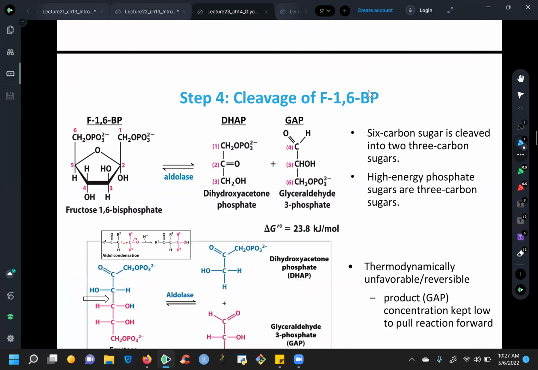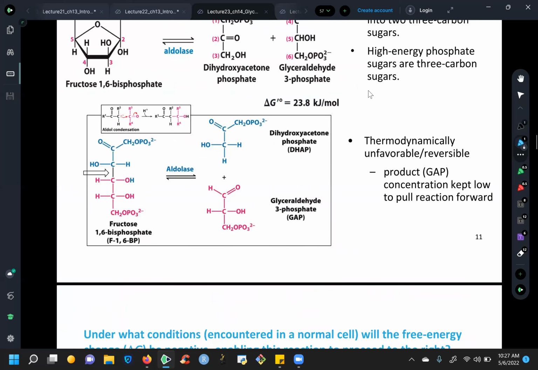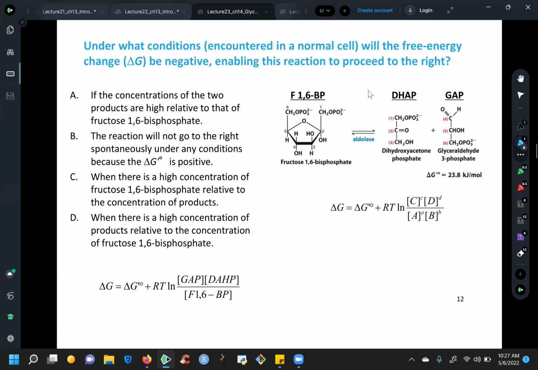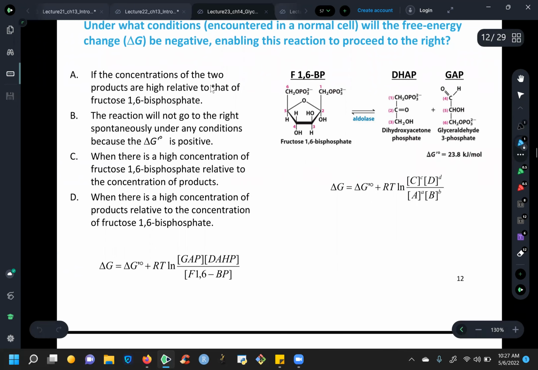Step 4, cleavage. Okay, so I went over this in the video, so I'm just going to skip. Under what conditions encountered in a normal cell will the free energy change be negative, enabling this reaction to proceed to the right? Okay, so the answer for this was B, I believe.